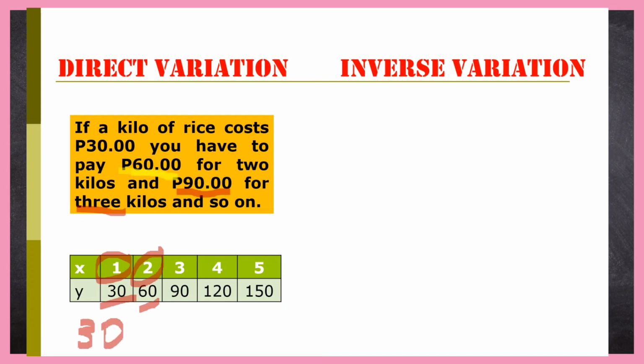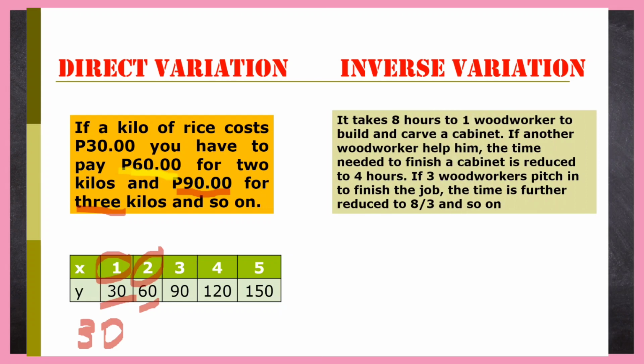And then for inverse variation, the example is it takes 8 hours for one woodworker to build and carve a cabinet. If another woodworker helps him, the time needed to finish a cabinet is reduced to 4 hours.